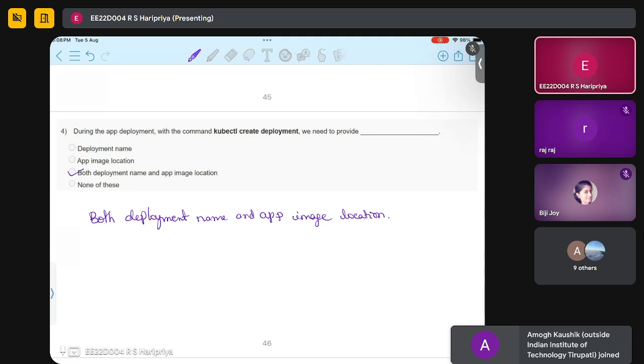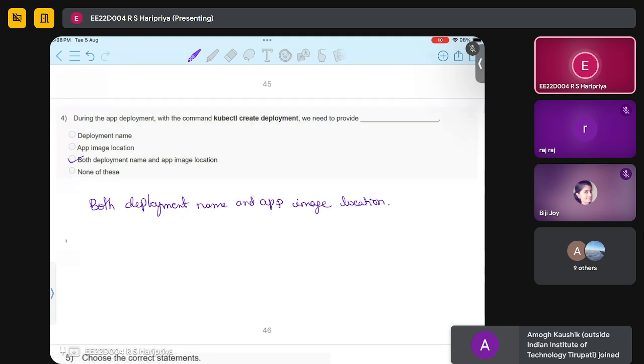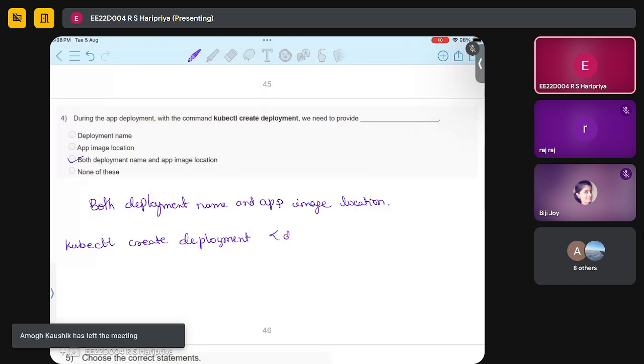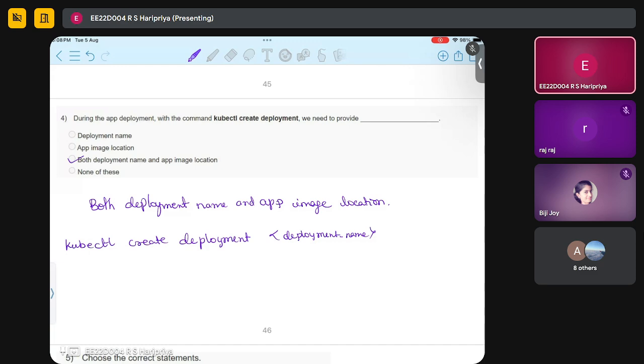So the command is like kubectl create deployment, the deployment name and the app image location.